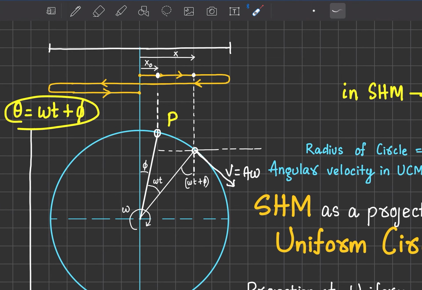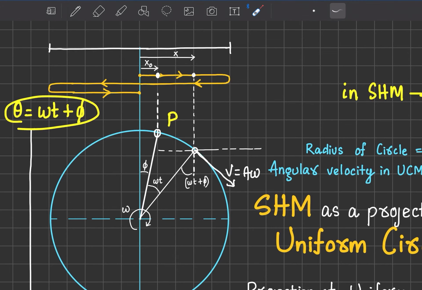So the acceleration of the shadow over the screen will be directed towards the mean, and its value will be a omega square sine(omega t plus phi). Again we can see this acceleration value is in accordance with the expression for acceleration in simple harmonic motion.